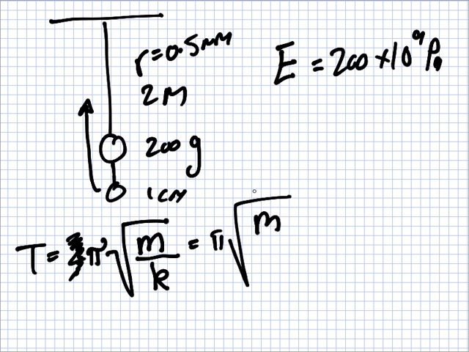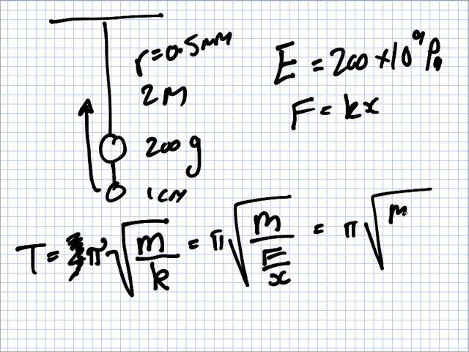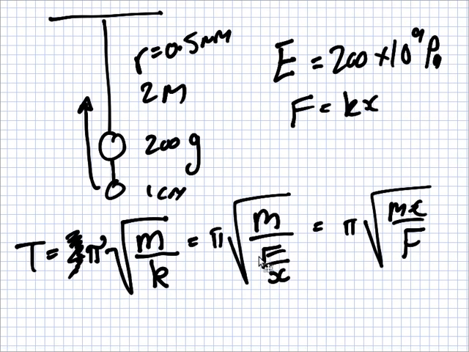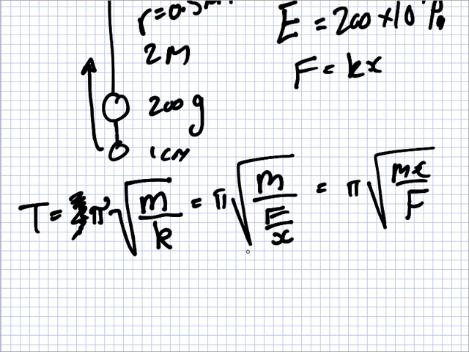Yeah, that's it. So you have the formula F equals Kx. So you could replace K with F over X. Is that okay? Are you sure? Okay, let's continue. Pi root mx over F. Right. Do you know the F?